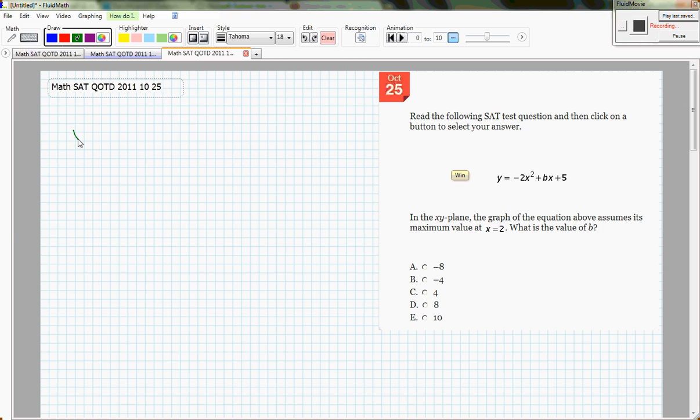So, y equals minus 2x squared plus bx plus 5. So, what is the value of b when x equals 2?